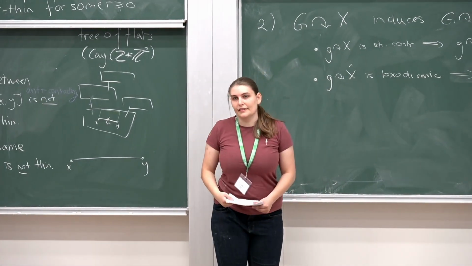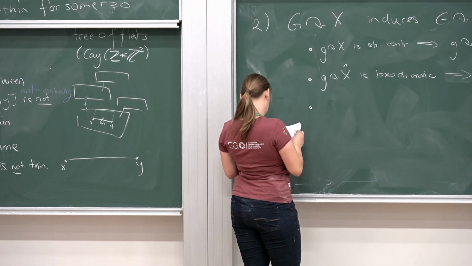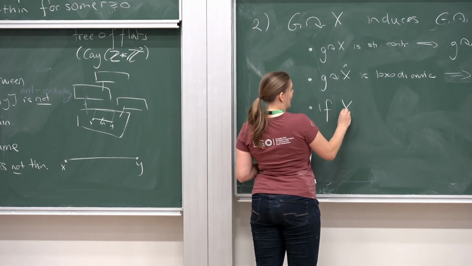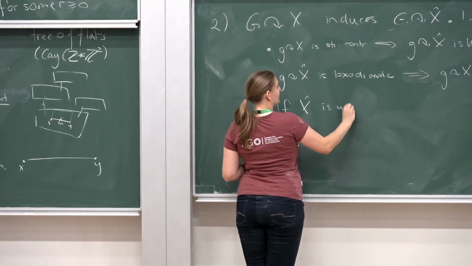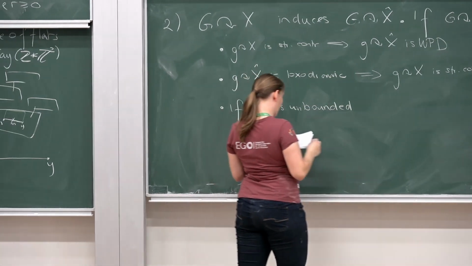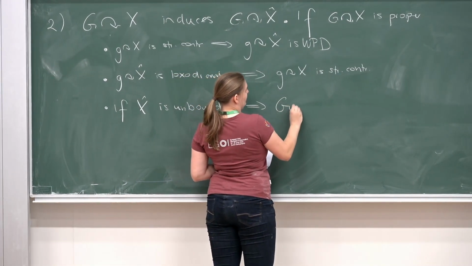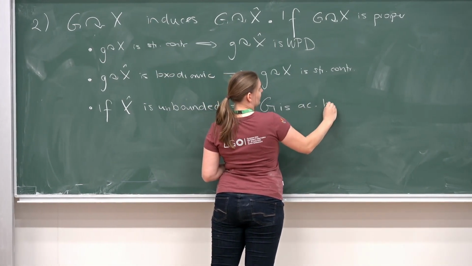In particular, and we will use this later, we get the last point: if X hat is unbounded, then G is acylindrically hyperbolic.